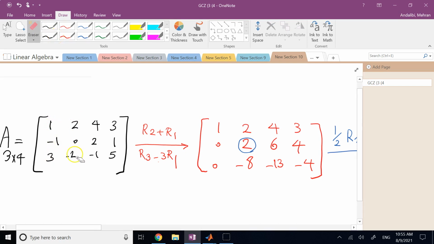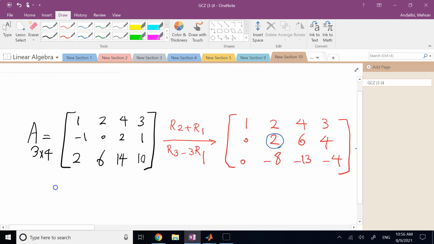So if I say, like 3 times the first one plus the second one, then you will get a 2, a 6, a 14, and a 10, correct? 3 times that plus this one.